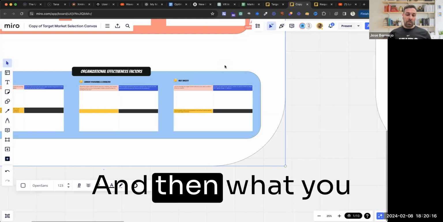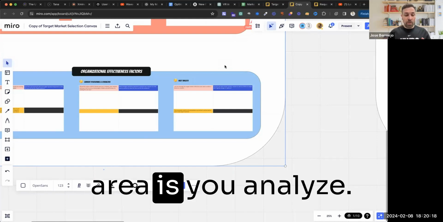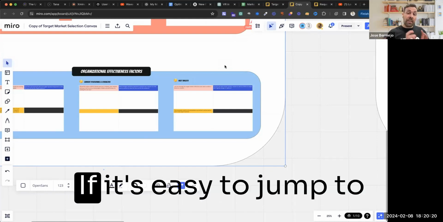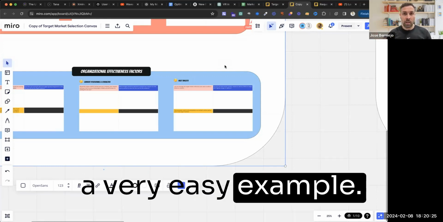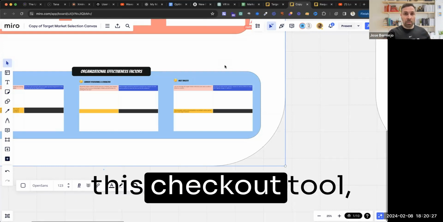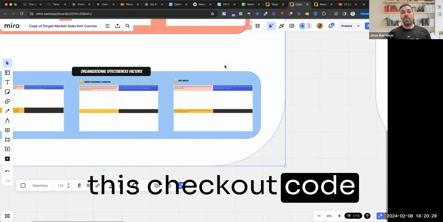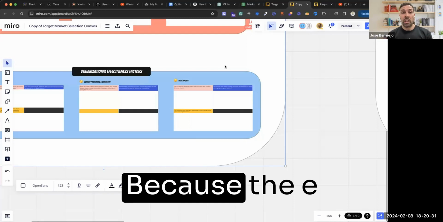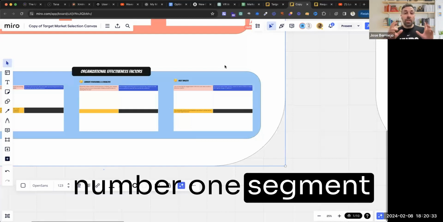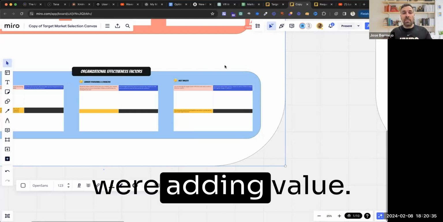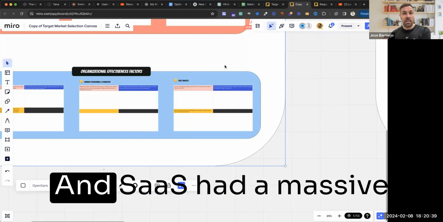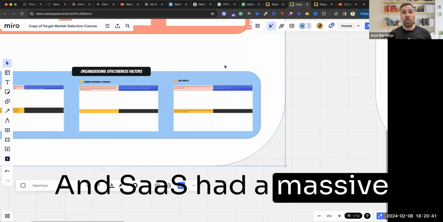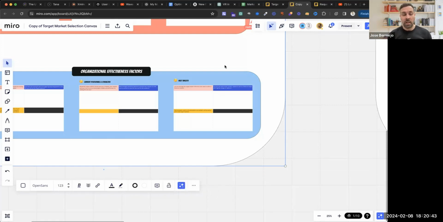And then what you do with the next target is you analyze if it's easy to jump to and understand it. For example, Stripe is a very easy example. They started selling this checkout tool or this checkout code for e-commerce because e-commerce was the number one segment in which they saw they were adding value. But e-commerce is very similar to SaaS. And SaaS had a massive problem of charging.